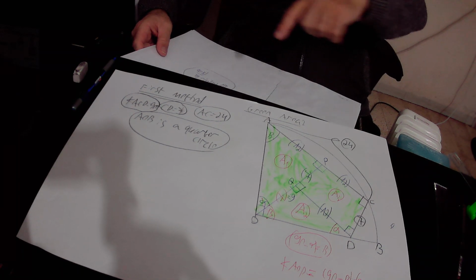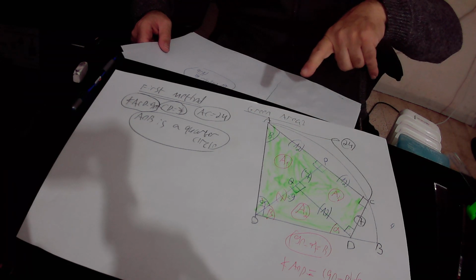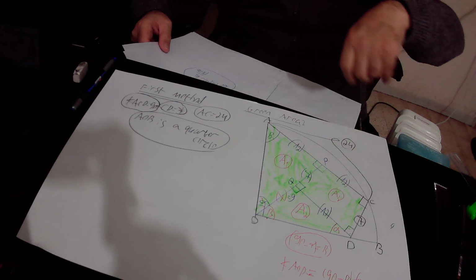So in this lecture we found out the area of this green shape. It is actually quadrilateral AODC.